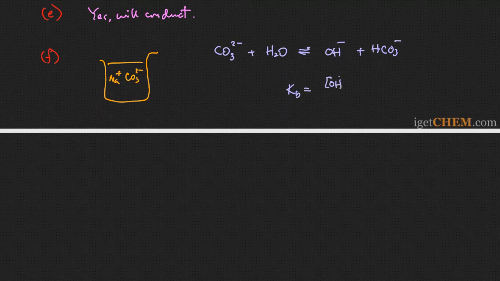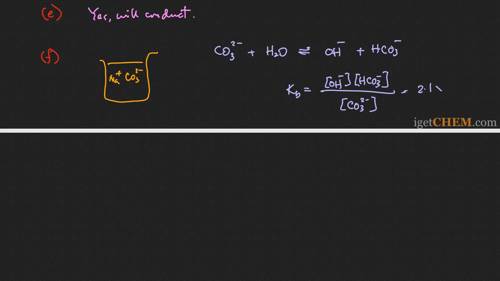That is the OH minus concentration times the HCO3 minus concentration divided by the CO3 2 minus concentration. And the problem tells you this is 2.1 times 10 to the minus 4. So this certainly is a weak base.